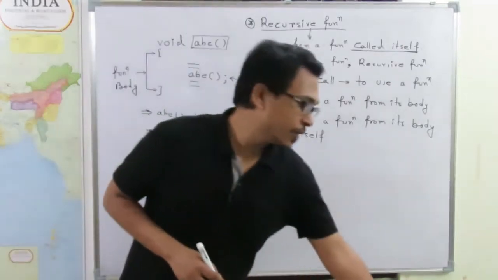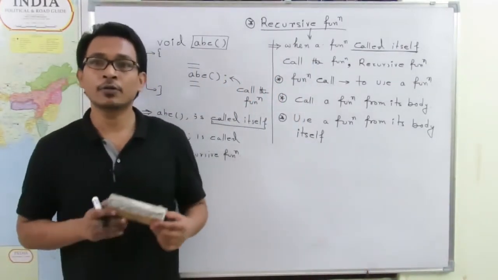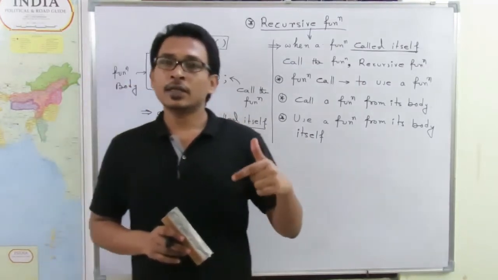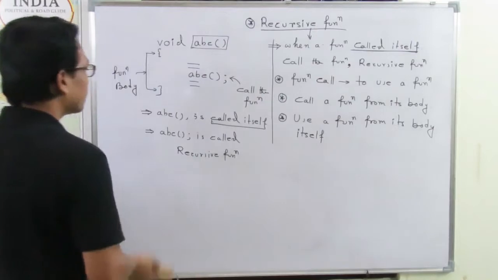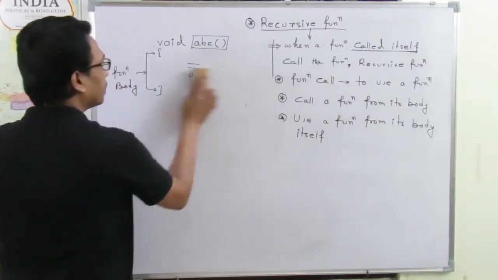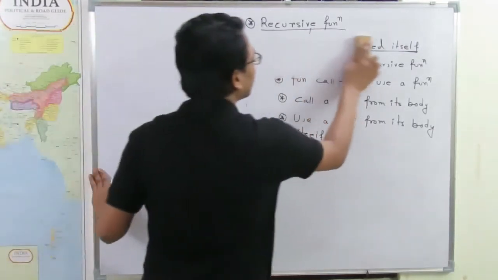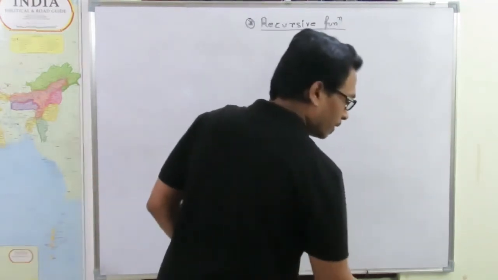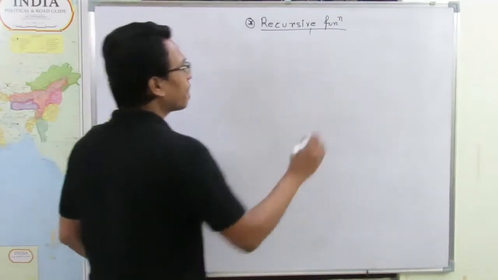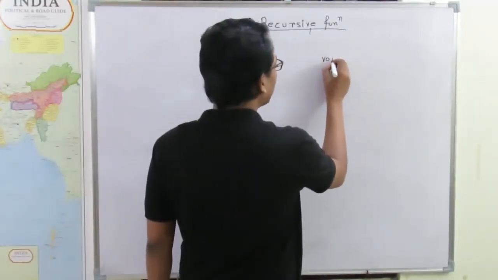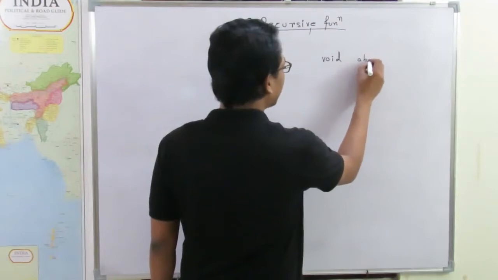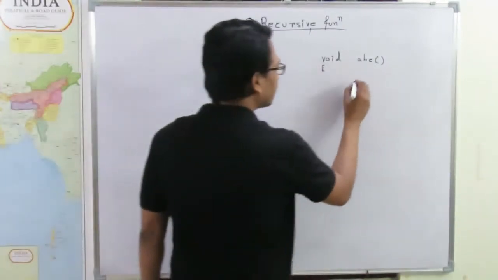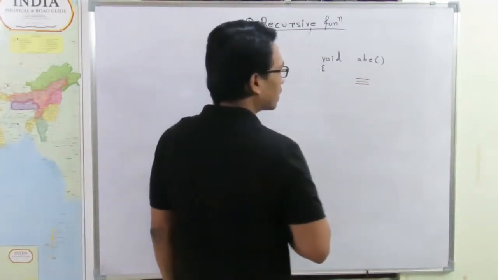So next we will take an example and we will see how system will work when we call a function itself. Clear? Let's say our function is void abc parenthesis, and within this function other instructions are there.